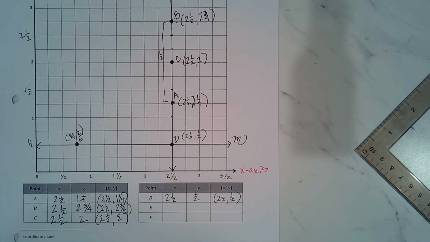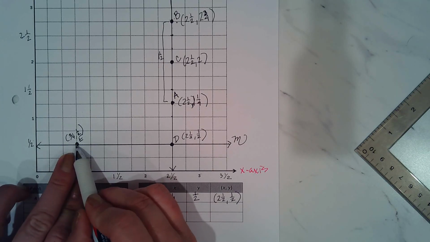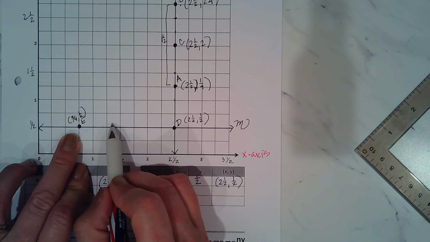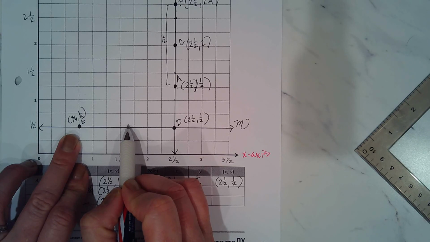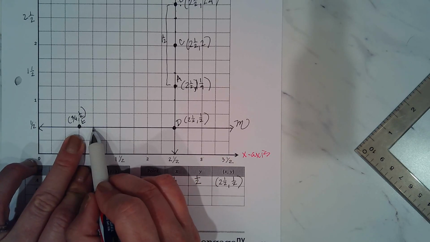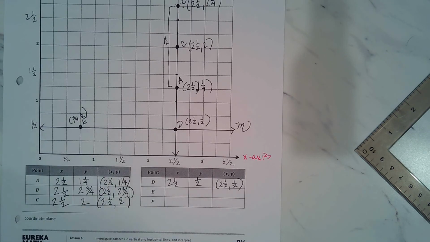Then finally, our final point is going to be point F on line M, that is 3/4 of a unit farther from the y-axis than E. So 3/4 farther from the y-axis than E. So if this is 1/4, 2/4, now try it, label it F, and come back and check.